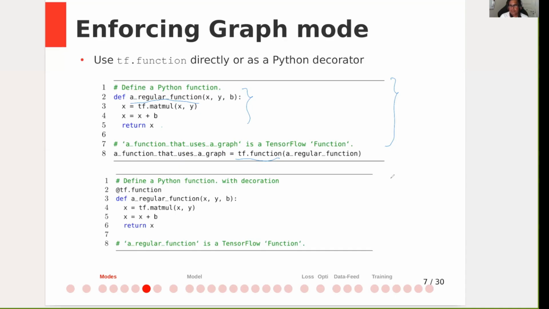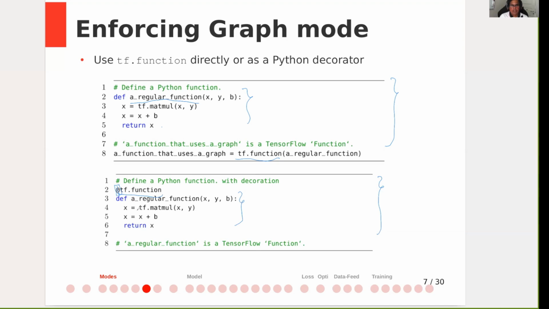The other way to enforce the graph mode is to use tf.function as a Python decorator. Decorators are annotated by the @ character here. So you decorate your function, which is a perfectly regular function.